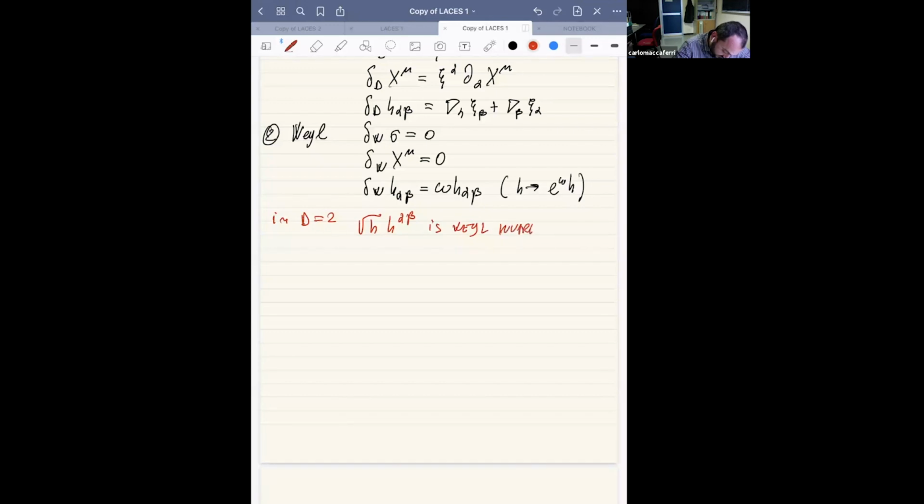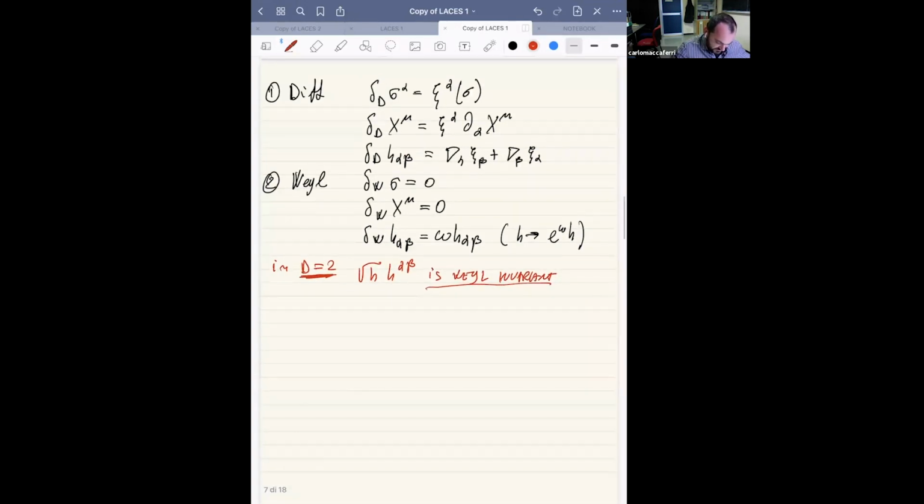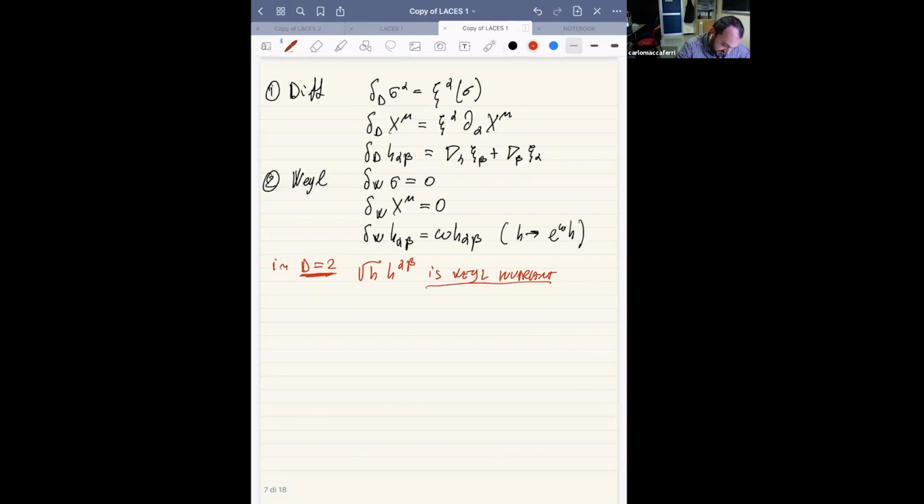And notice that this is valid strictly in d equal 2. If d is not exactly 2, even by a tiny amount, then this is not true anymore, and there will be possible violations of Weyl symmetry. Okay, so that's the whole story for the gauge symmetries.